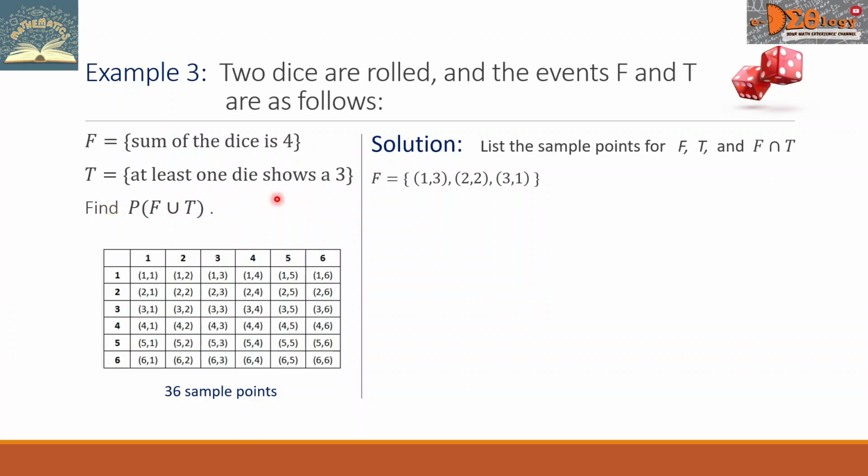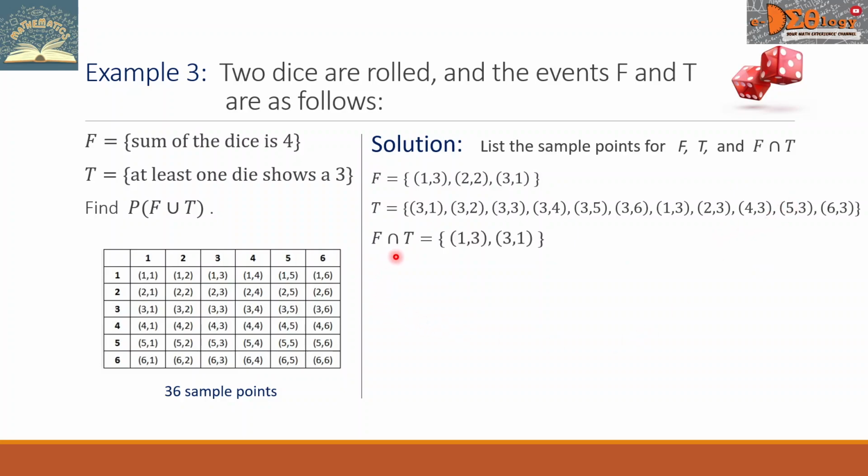So for event T, the elements are (3,1), (3,2), (3,3), (3,4), (3,5), (3,6), (1,3), (2,3), (4,3), (5,3), (6,3). Note that there are 11 sample points here. Then we write F intersect T. The common elements between these two events are (1,3) and (3,1).